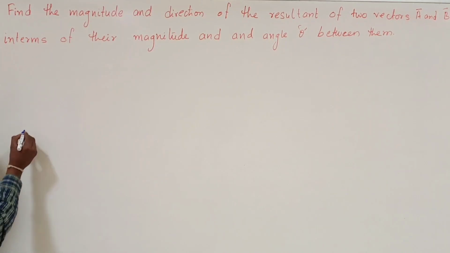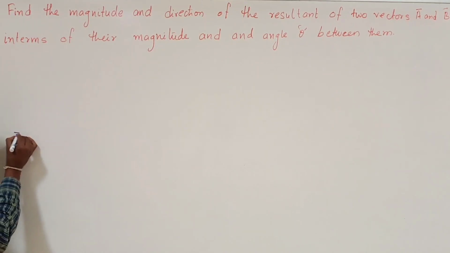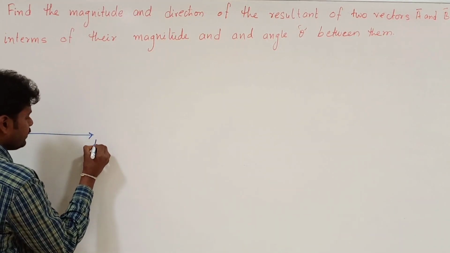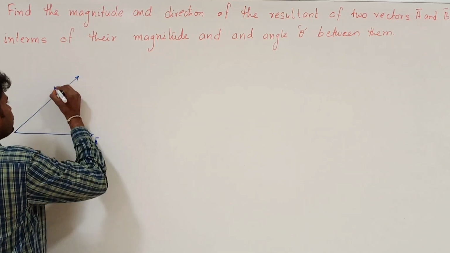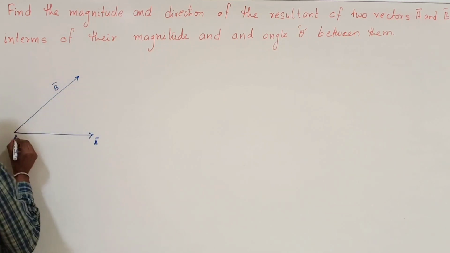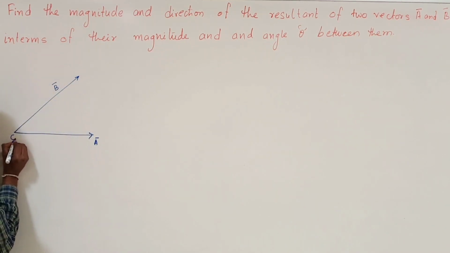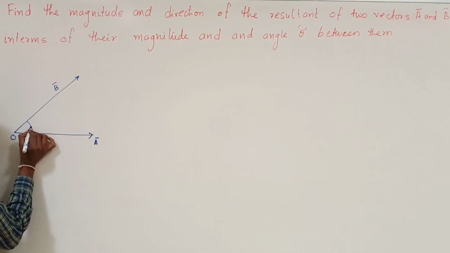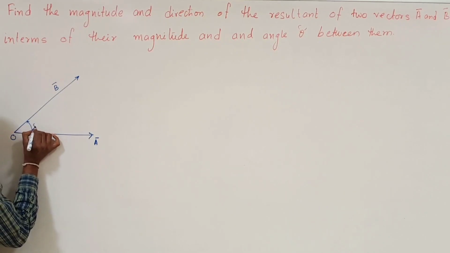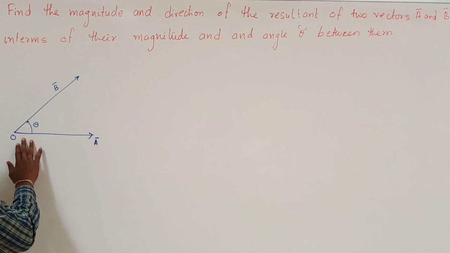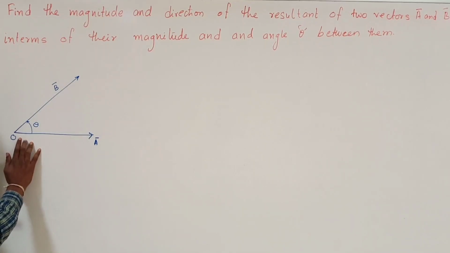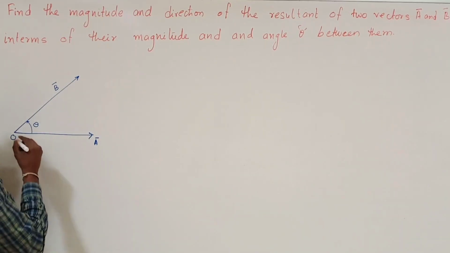See, first we consider a vector A and another vector B. Here vectors A and B start from the same point O. Let the angle between them be theta. Now, how do we write the resultant vector? When vectors start from the origin O, the resultant should also be drawn from the same point.